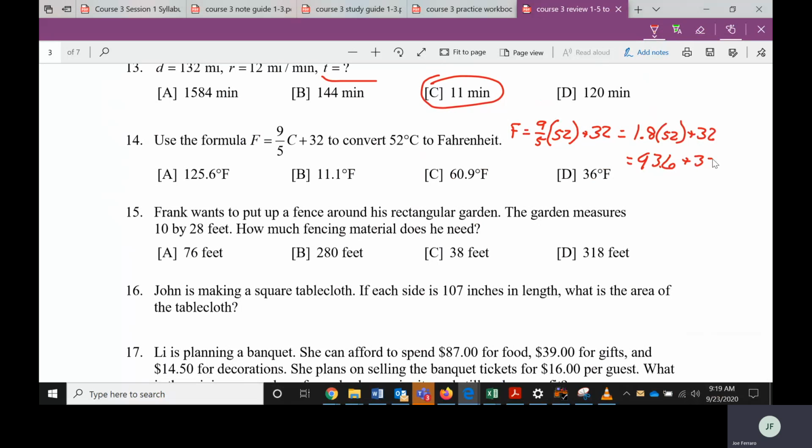I add the 32, and I get 125.6, and that's degrees Fahrenheit, and that's over here for letter A. Okay.